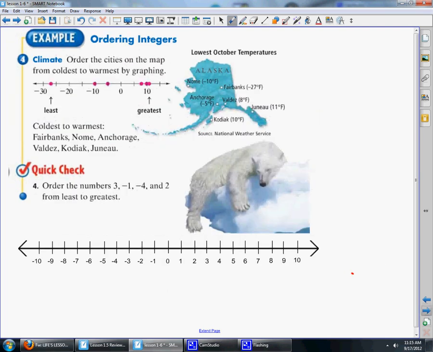So now we're going to talk about ordering integers, or putting numbers in order from least to greatest. So we're going to look at the temperatures of these cities in Alaska. So we have Nome, Alaska, which is -10 degrees. We have Fairbanks, which is -27.